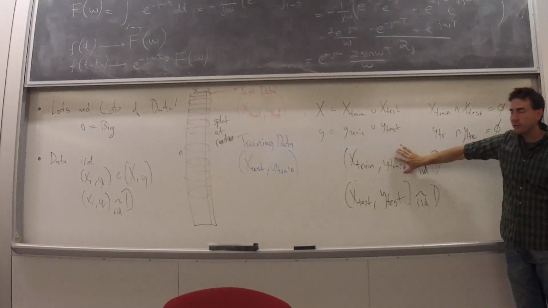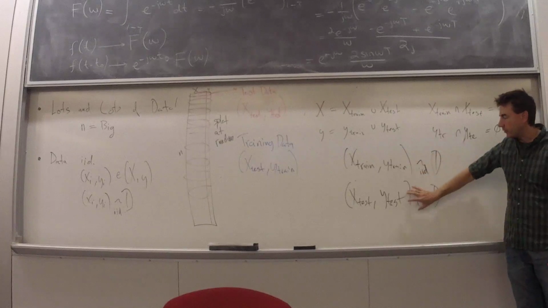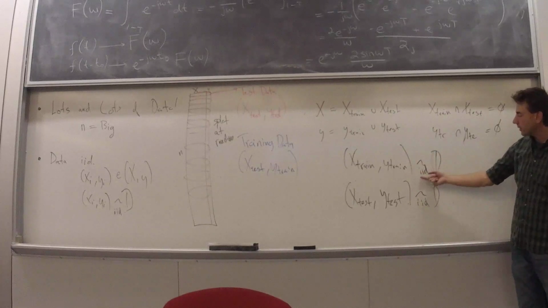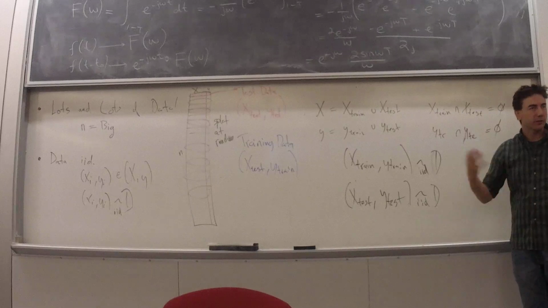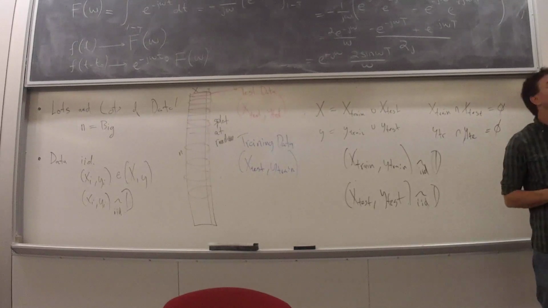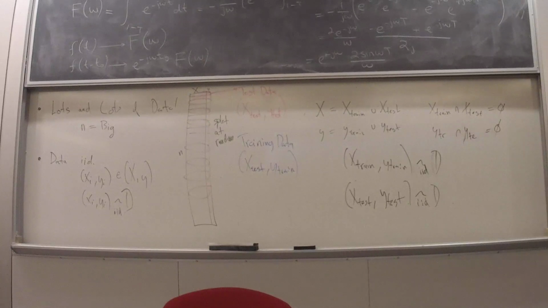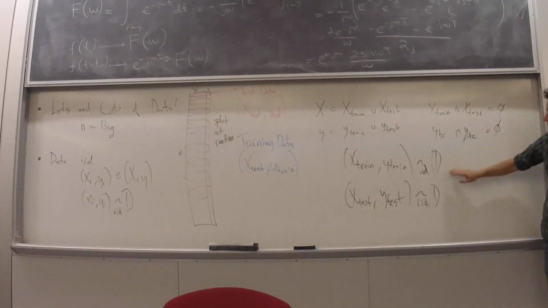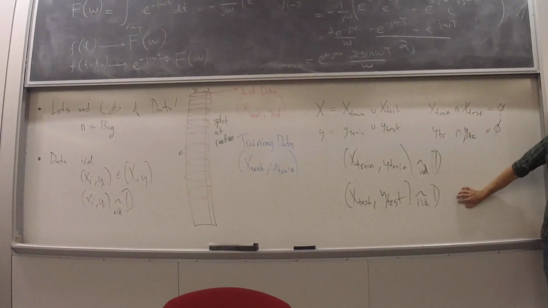We still have enough data to train with that's separate from the testing data, and both are IID from the same distribution as the full data set. So we can take our data and split it this way, and then we can separate the training on the training data from the evaluation on the testing data.